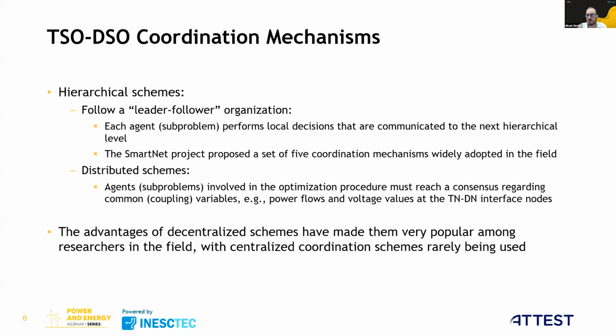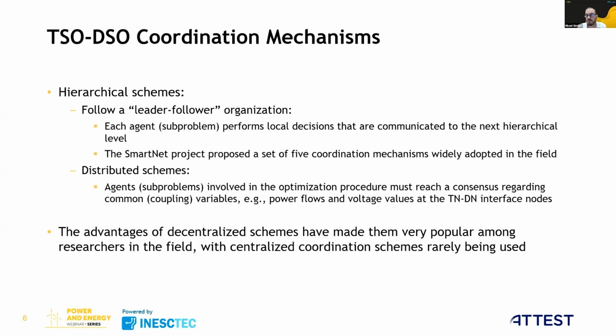And within this context, the SmartNet project, as Tomislav referred already, proposed a set of 5 coordination schemes that were widely adopted in the related literature. Distributed schemes are those where agents or subproblems must reach a consensus regarding common or coupling variables, for instance, active and reactive power flows at the interface between transmission and distribution systems and voltage magnitude values.